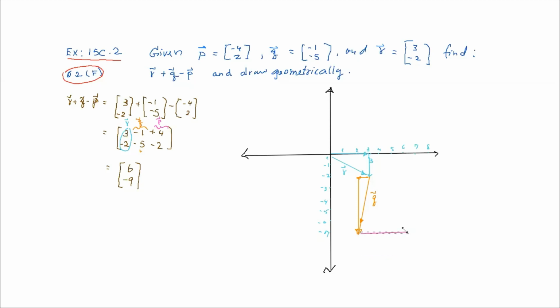So it ends at the number 6 here. Approximately 6 here, okay? After this, go down 2, because -2 means down. So this one, 2 units, should end at -9. Okay, so approximate.